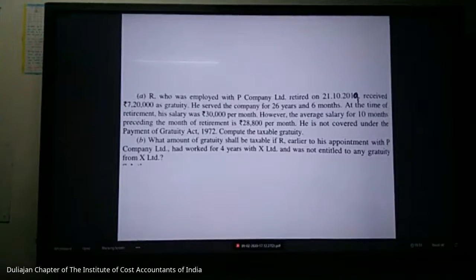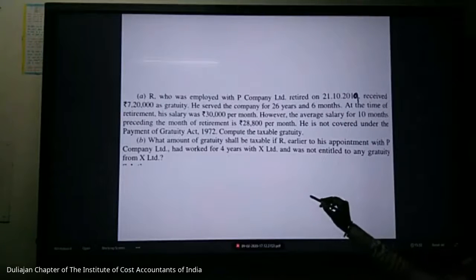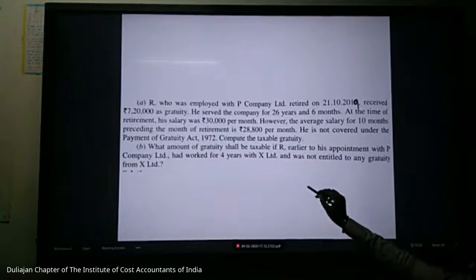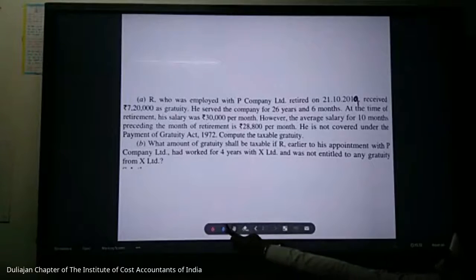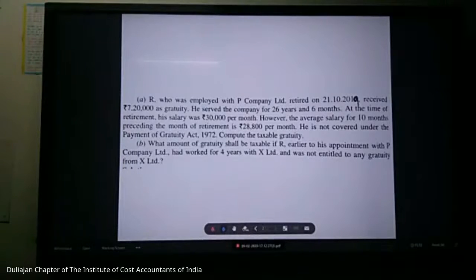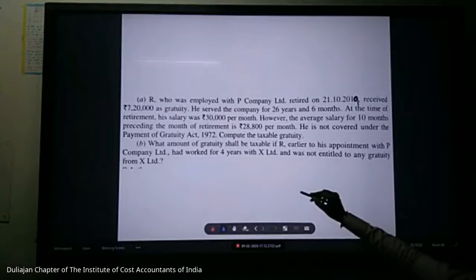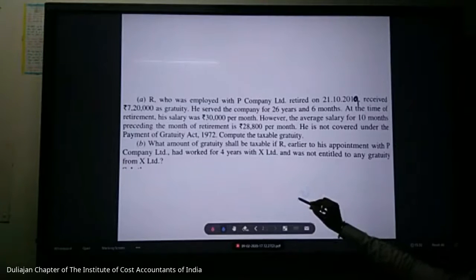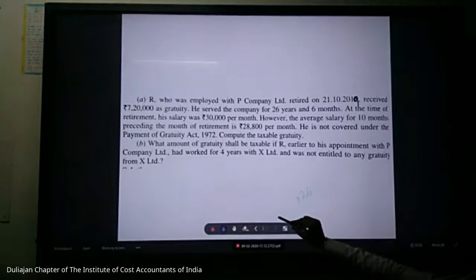Not covered under gratuity. Number one is taxable. Okay, I'll have to calculate that. Not covered. Just two. Not covered then. Below 26 years only. And the last one: 15 by 26.